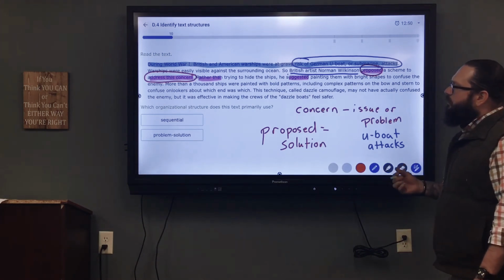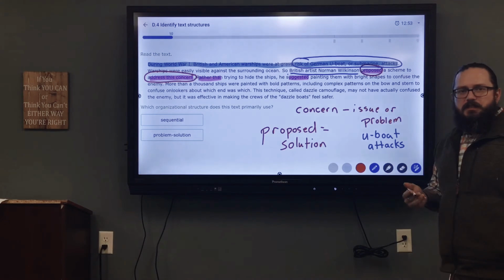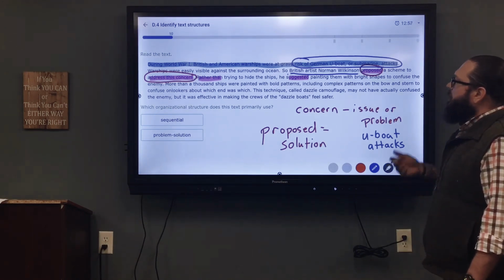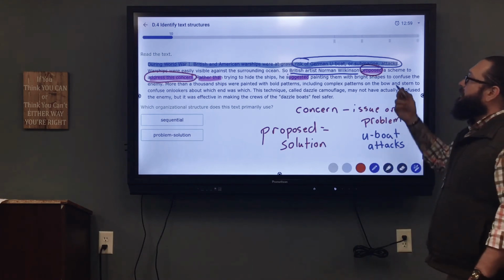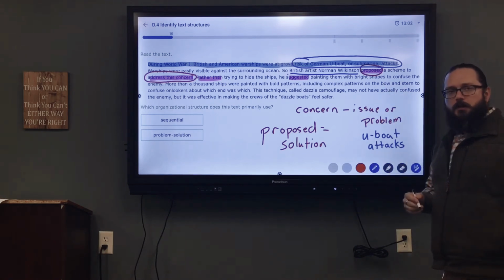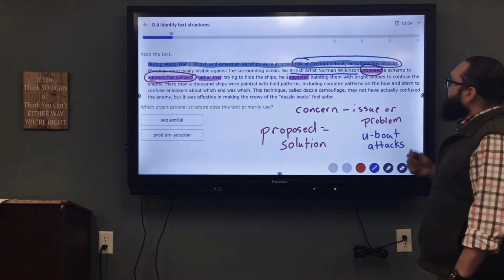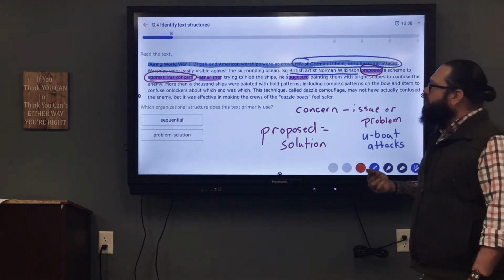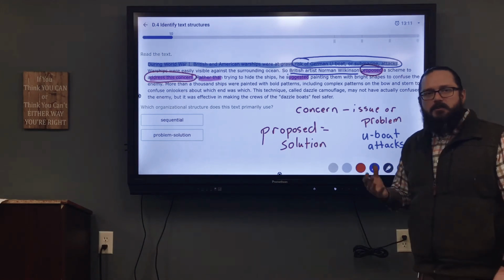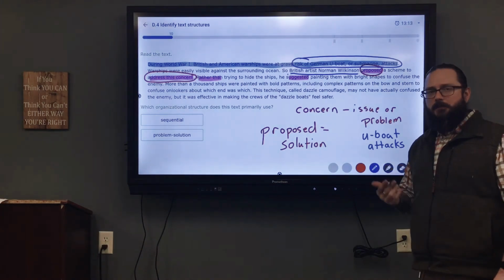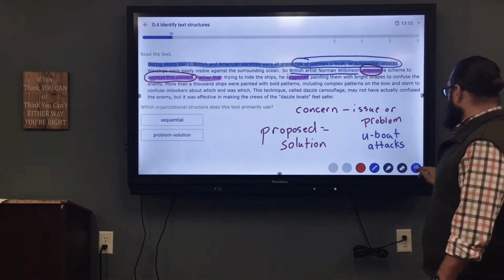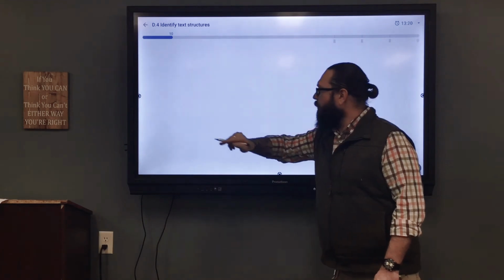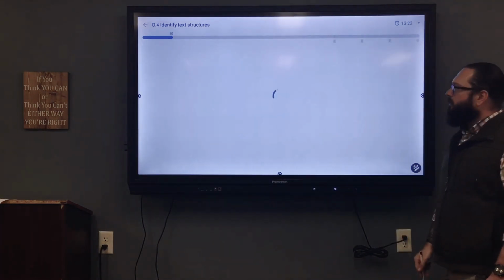In this case, the structure being used is a problem-solution relationship. The problem: American and British warships were at great risk of being attacked by German U-boats. So the solution was to paint bold patterns on the ships to try to confuse the enemy. So we can conclude this is the problem-solution relationship.